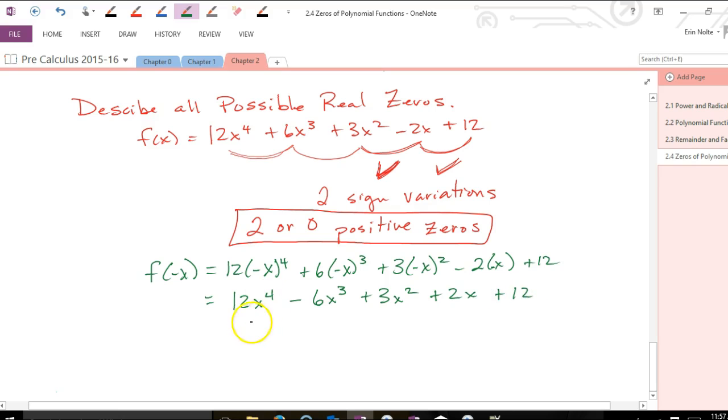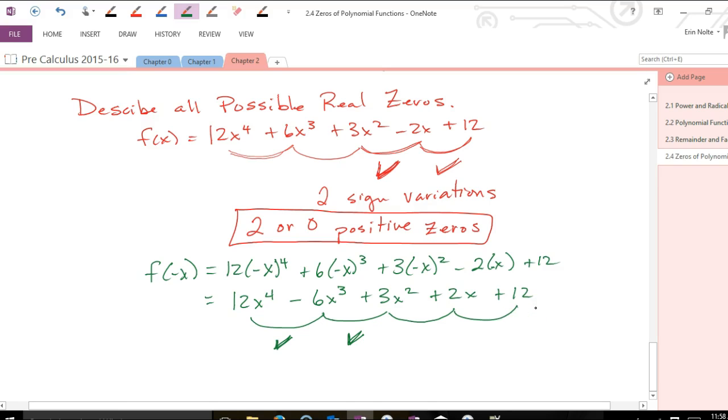Okay, so looking from the first to the second, is that a sign variation? Yes, it goes from a positive to a negative. Check, there's 1. What about from the second to the third? Is that a sign variation? Yes, 2. Count them, 2. Third to the 4th? No. 4th to the 5th?